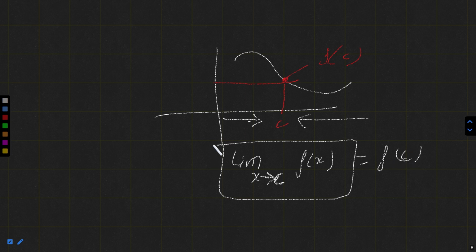Then you say that your function is continuous at that point, which is c. Clear?